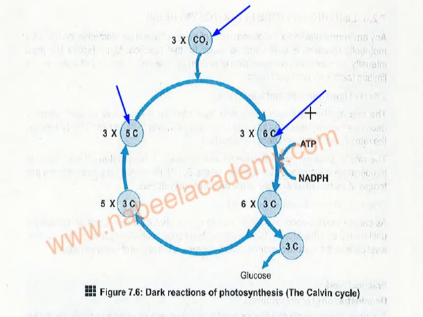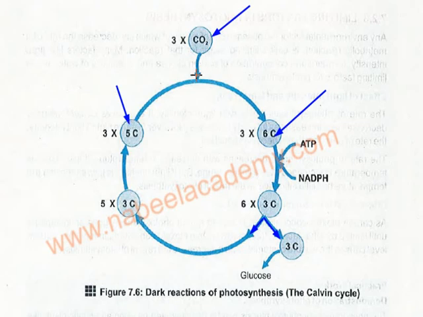temporary compound. And then this compound splits into a first compound of 3 carbon and a second compound of 3 carbon. So if you see here, the 5 carbon compound means that there are 5 carbons in this compound.